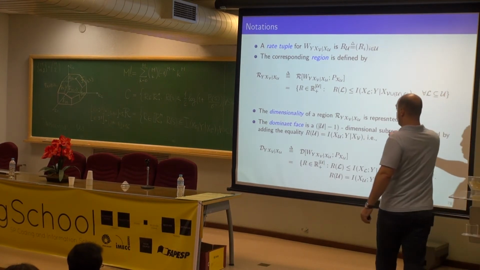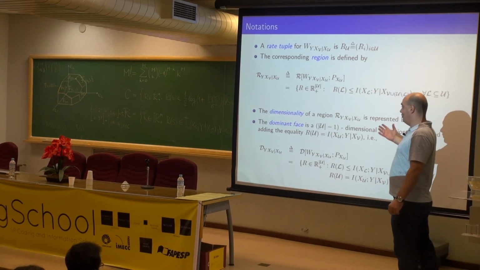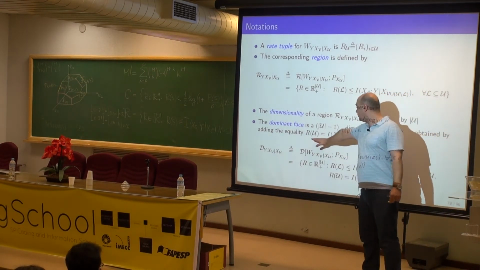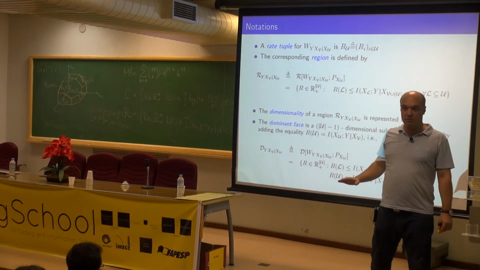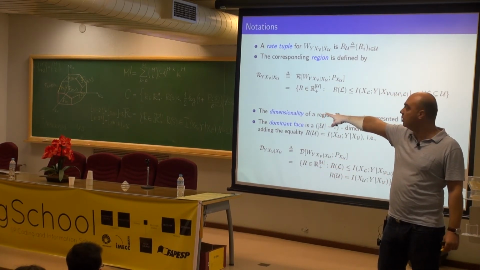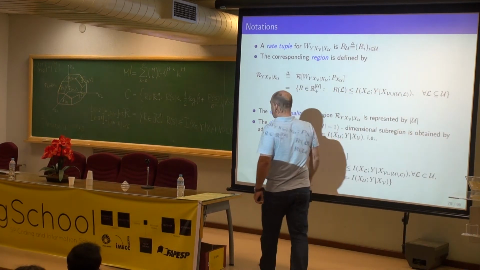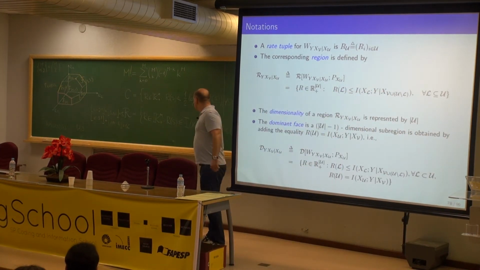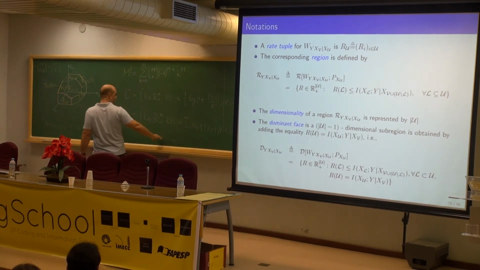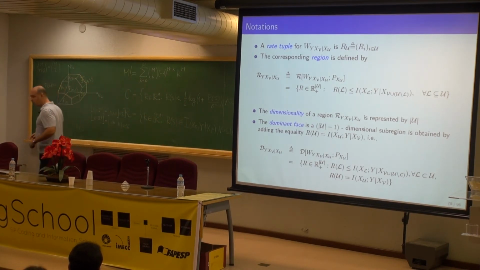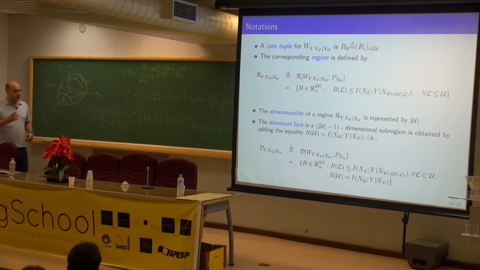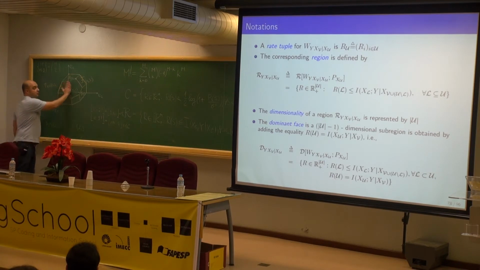The dominant phase of this region is obvious. On top of this, we just add the final equality. Like in that case, the dominant phase will be the region R that I showed here, plus we need one more equality, which is R1 plus R2 plus R3 equals I of x1, x2, x3, and y, just to be on the dominant phase.